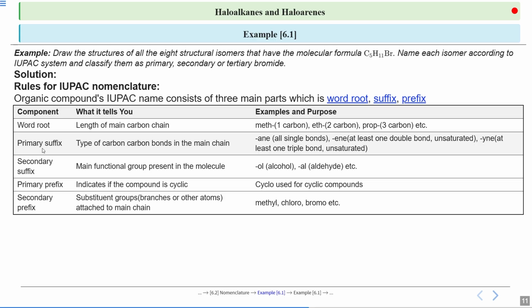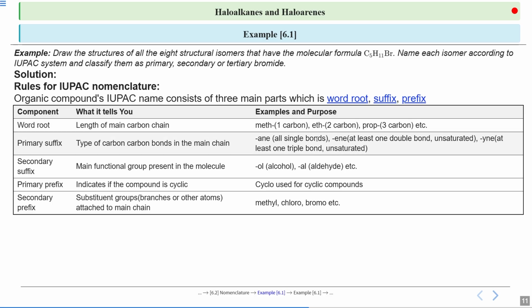Next is the primary suffix. What does it mean? It tells you the type of carbon-carbon bonds in the main chain, whether the bond is single, double, or triple. You also have to consider this in the IUPAC name of the organic compound. For example, ane is used for all single bonds.